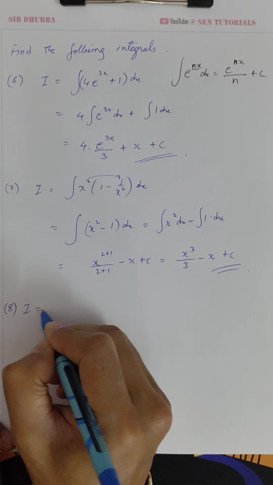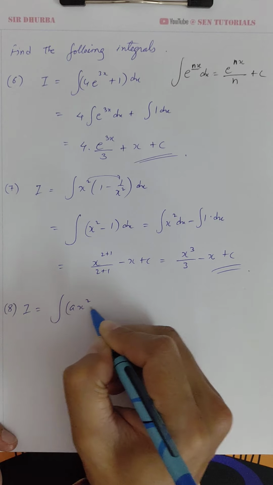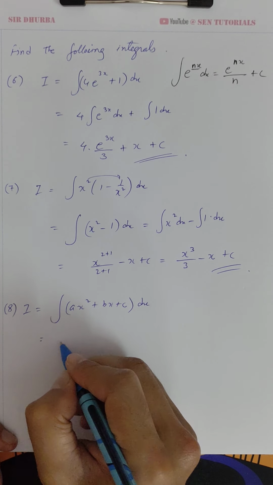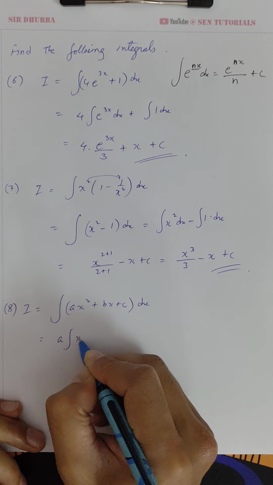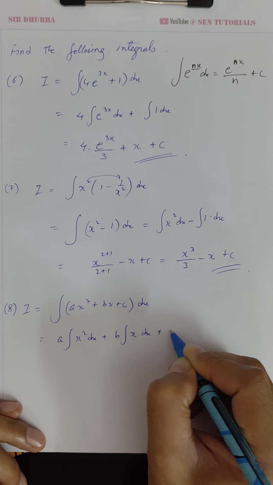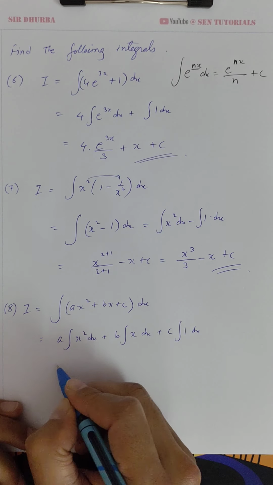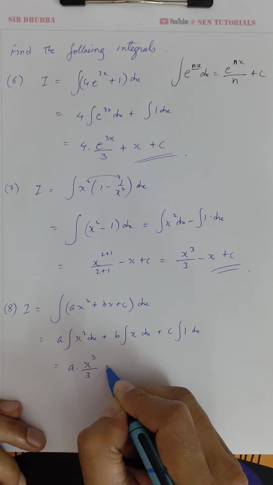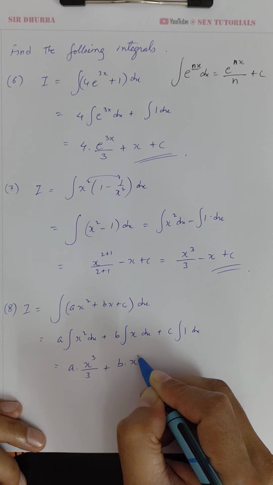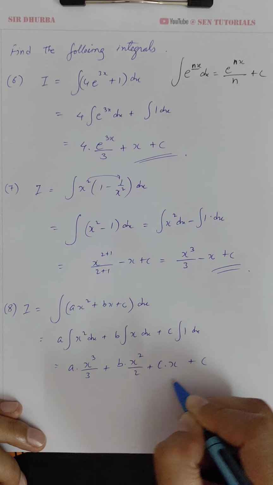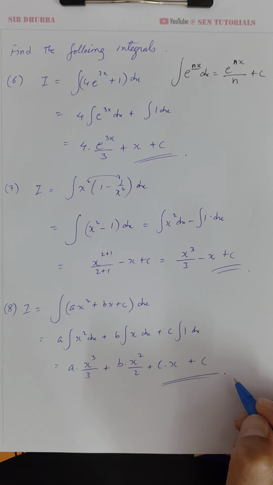8. These are simple questions, just a warm-up, with respect to x. So I'll do it directly. Immediately I'll take out the constants which are not needed. So a, integration of x square is x to the power 2 plus 1, that is 3, divided by 2 plus 1, 3, plus b into x to the power 1 plus 1, that is 2, divided by 2, plus c into x plus the integration constant.